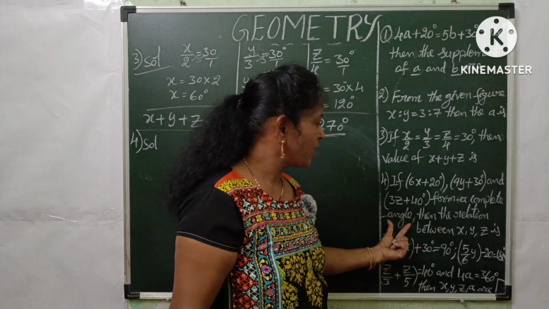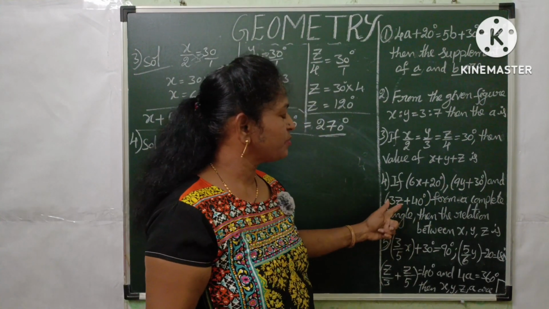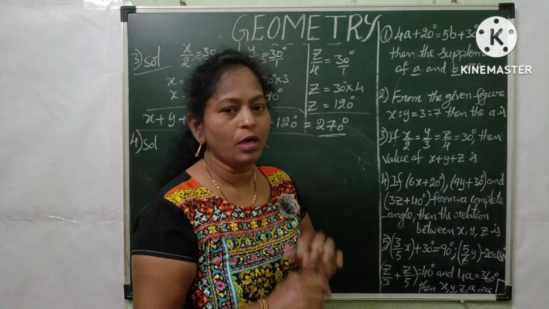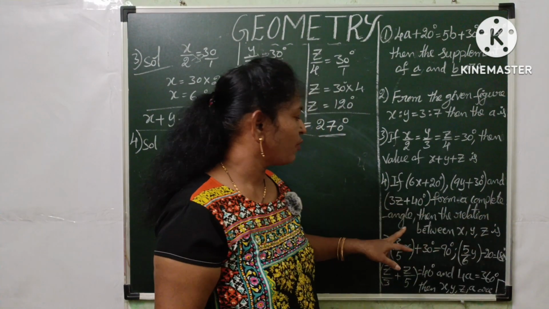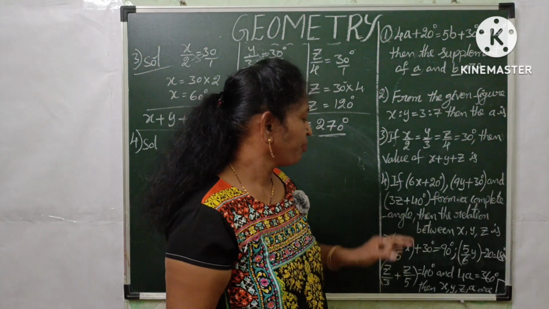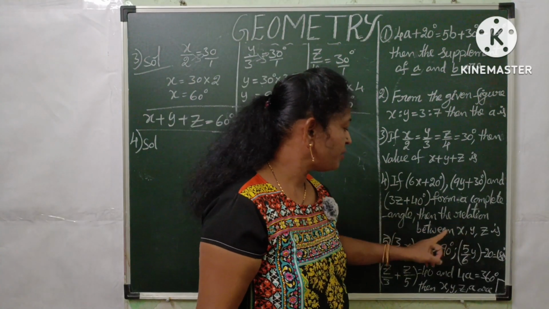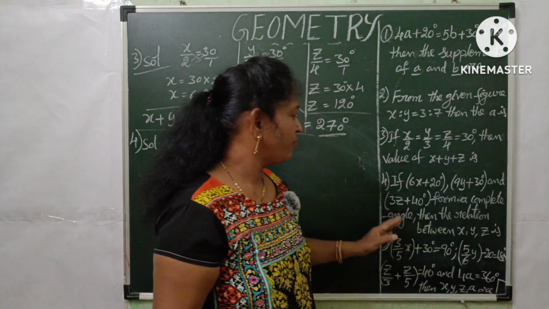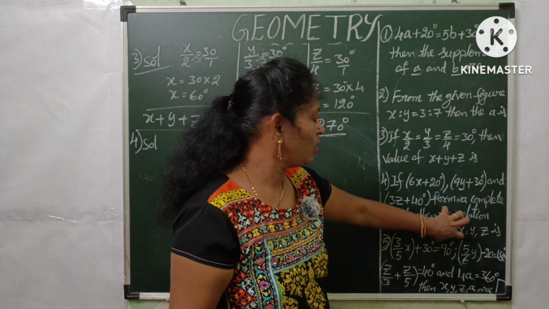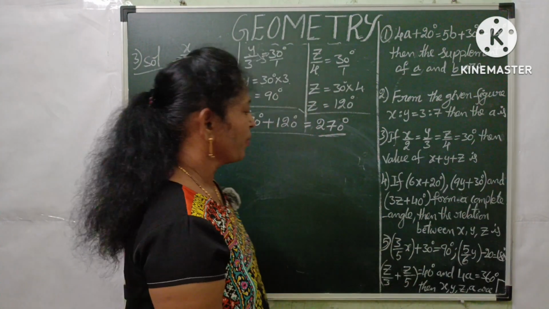Forming a complete angle means the sum of these three expressions should be equal to 360 degrees. Why? Because a complete angle is equal to 360 degrees. Then the relation between x, y, z is. First we need to find up to here. Then we have to check it there.